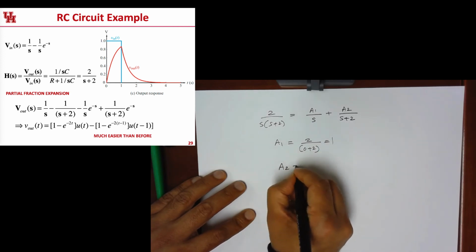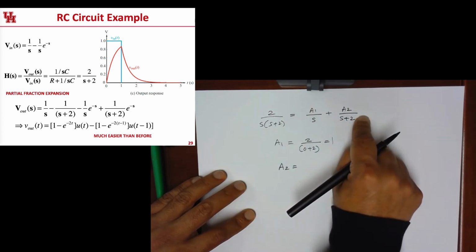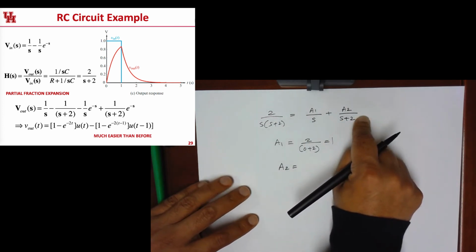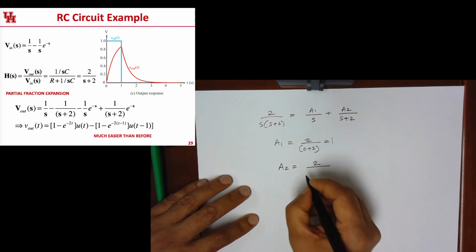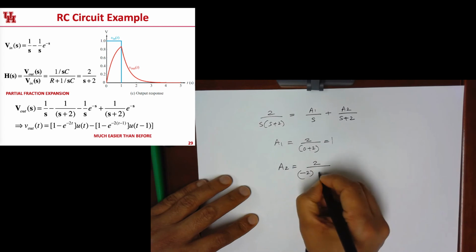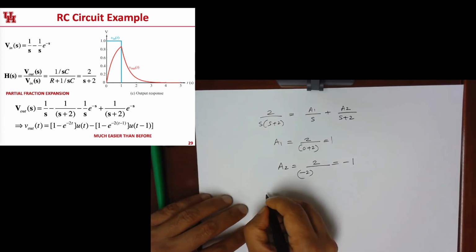Then for A2, I'm going to multiply throughout by (S plus 2) and set S equal to minus 2. When I do that, I get 2 divided by minus 2, and again this term is not going to be there, so this is going to be minus 1.